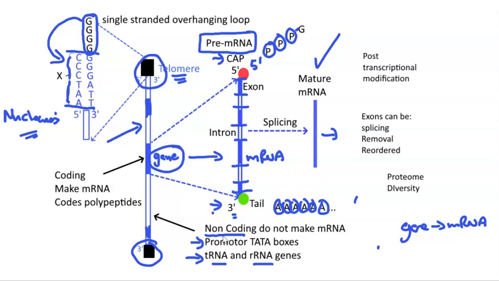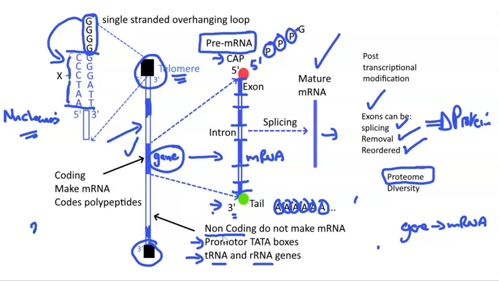Now, the interesting part is that the exons can be spliced together as I've shown in my diagram, or one or more exons can be removed, or sometimes the order of the exons can be changed. Now, the consequence of that is that we will change the protein. And so our proteome, which is the sum of all the different proteins within a cell, is far greater than the number of genes that we have.